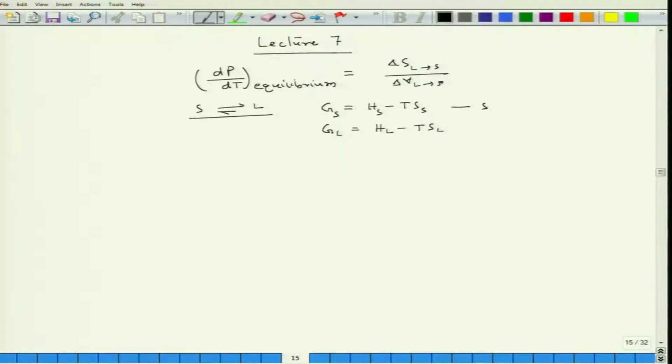This is for solid, this is for liquid. Both the equations are valid. Gs equal to Gl at equilibrium.